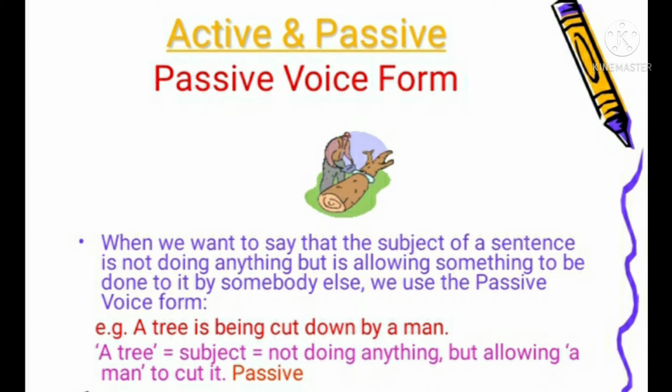Which is the subject here? A tree. The tree is the subject and it is not doing anything but it is allowing the man to cut it. Therefore, it is the passive voice. When you learn some more examples, it will be clear for you all.